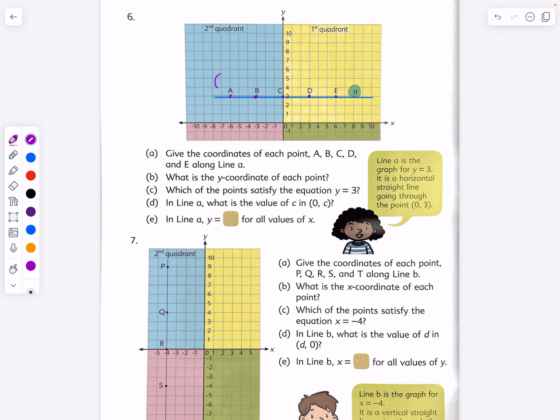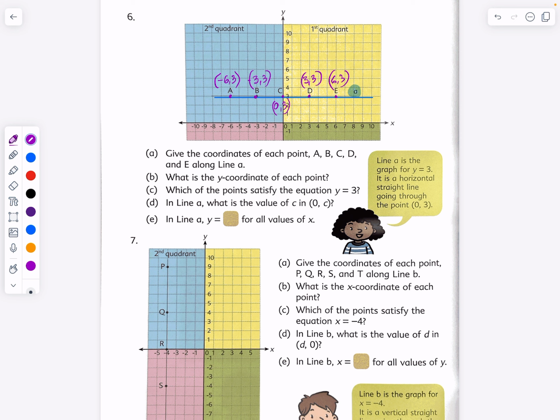For point A, the coordinate is -6, 3. B is -3, 3. C is 0, 3. D is 3, 3. E is 6, 3.